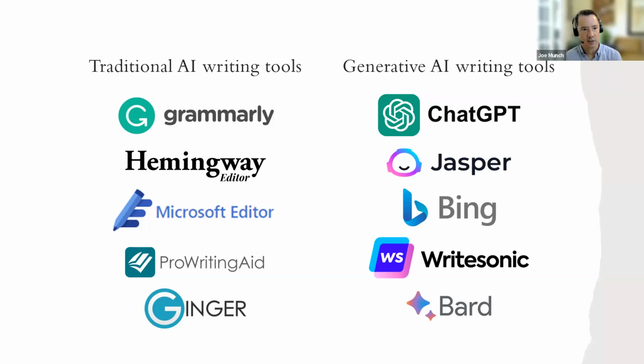So these tools are out there. The question is, should you use them for your scientific writing projects? And if so, how should you use them? So I've made this distinction between traditional AI and generative AI because it's an important one. Journals are concerned with generative AI, not so much traditional AI.